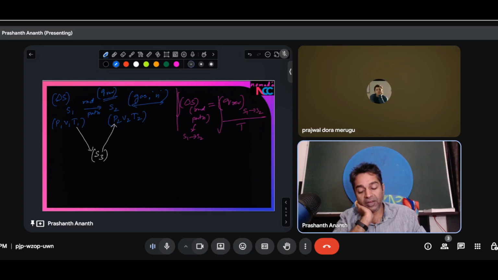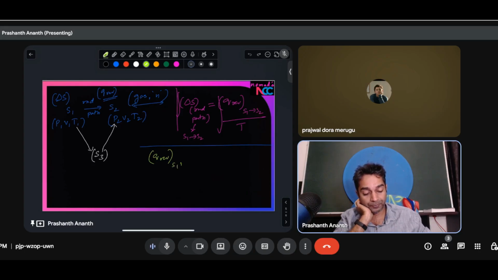Now, if I can calculate Q reversible for the overall path, Q reversible is a state function. Now, what is the advantage of having it as a state function? The advantage is this: Q reversible from S1 to S3 plus Q reversible from S3 to S2 should be equal to Q reversible from S1 to S2.